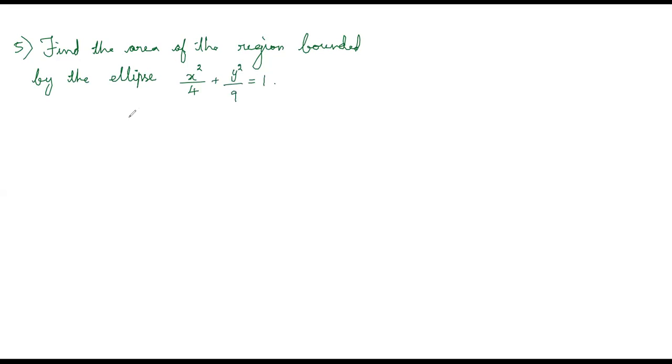So looking at the equation, you can immediately say that the ellipse is symmetric about y-axis, because here A is 2 and B is 3. Right? A is less than B, so the ellipse is symmetric about y-axis.